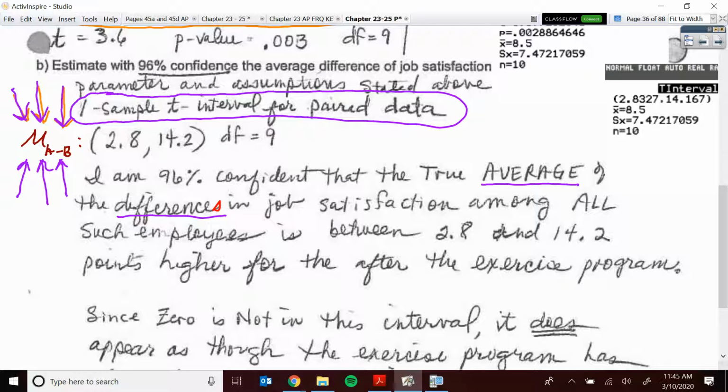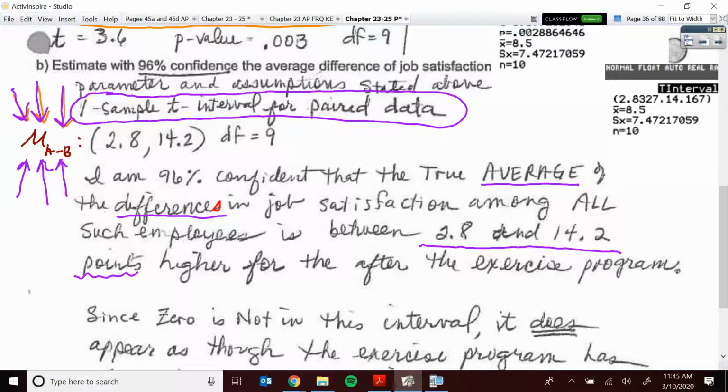Our little sample of 10 is giving us an indication about all the employees at that place, is between 2.8 and 14.2 points. It's units. You have units. These aren't percentages.